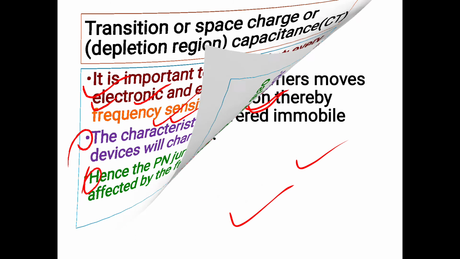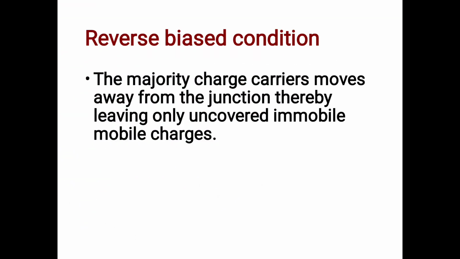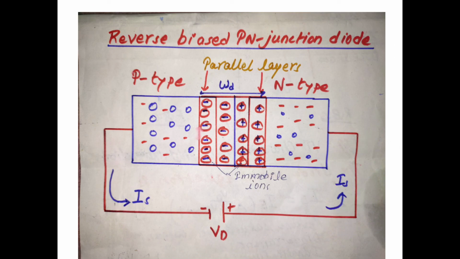Now we will see the reverse bias condition. As we have studied about the reverse bias condition, we can explain it better with the figure. This is our reverse biased PN junction diode, in which negative potential is applied to the P type and positive potential is applied to the N type.